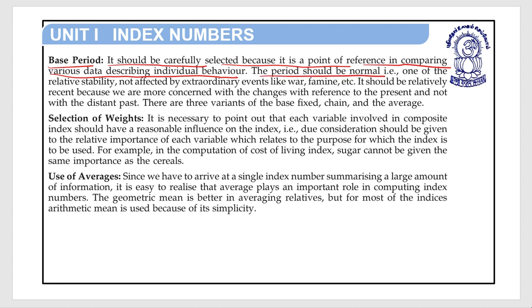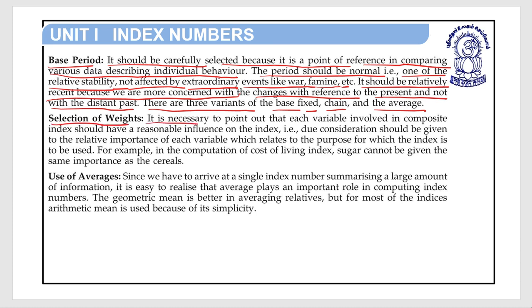The period should be normal, one of relative stability, not affected by extraordinary events like war, famine, etc. It should be relatively recent because we are more concerned with the changes with reference to the present and not with the distant past. There are three variants of the base: fixed, chain and average.